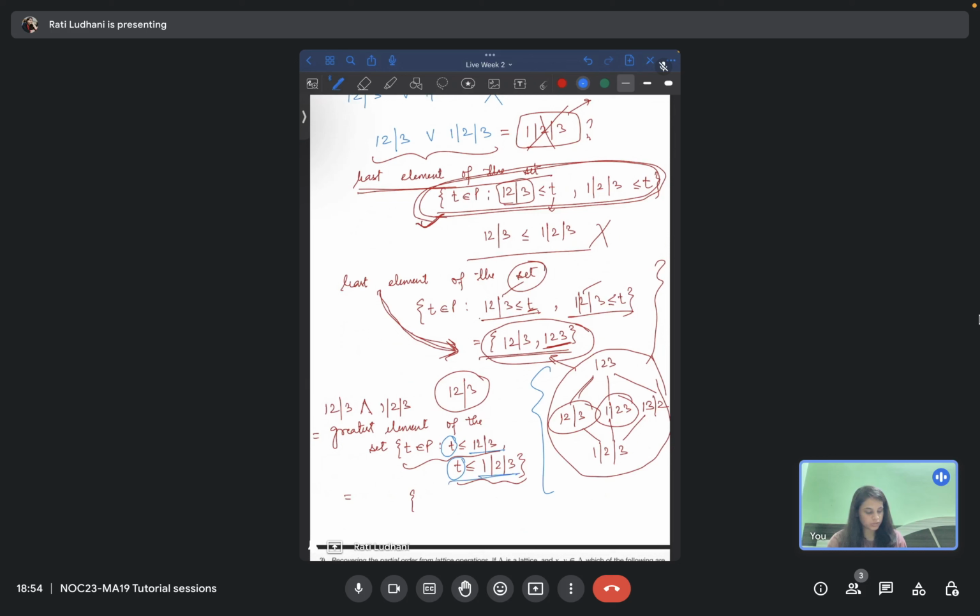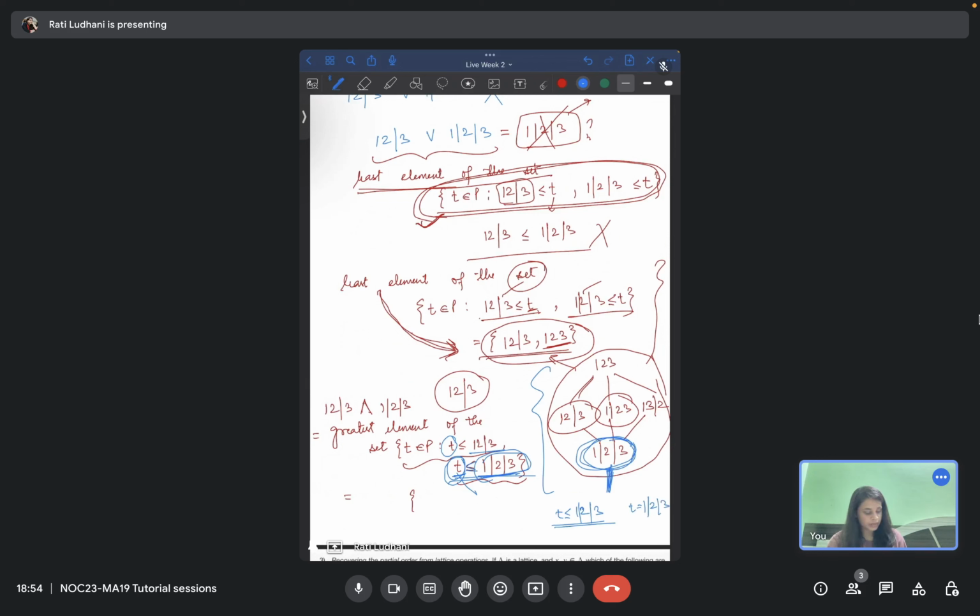Now let's see what are all the elements which are less than or equal to 1 2 3. Now 1 2 3 is here. There is nothing below that, right? So there is no T below that, but that element itself can come. So for T less than or equal to 1 bar 2 bar 3, this is satisfied by this element only, so you can take T to be this.